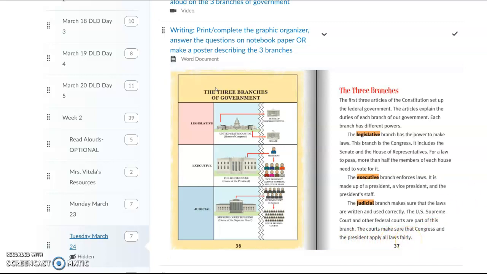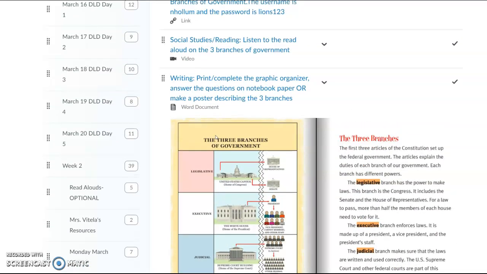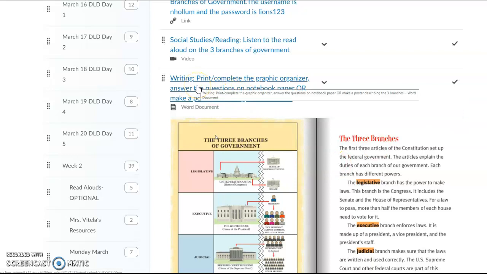Okay, once you're finished reading your passage, you're going to click on the link that's going to take you to your writing assignment. You're going to have 2 options once you click on it.